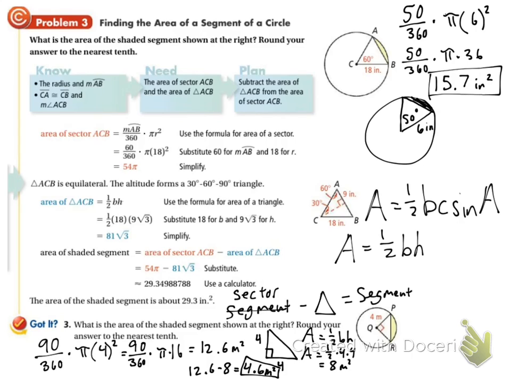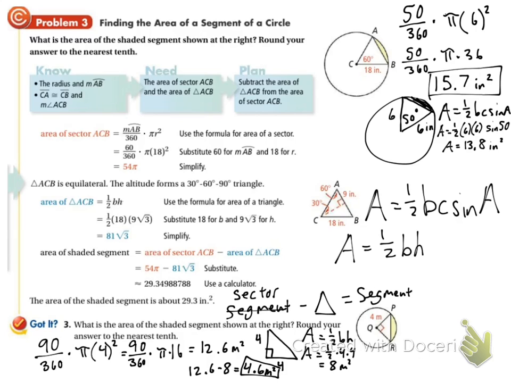So that triangle, this is a radius here. So that's 6. So this is also 6 over here because that's also a radius. So I'm going to use A equals 1/2 bc sine of A. So the area is equal to 1/2 times 6 times 6 times the sine of 50, which on my calculator, 0.5 times 6 times 6 times the sine of 50 gives me 13.8 inches squared.